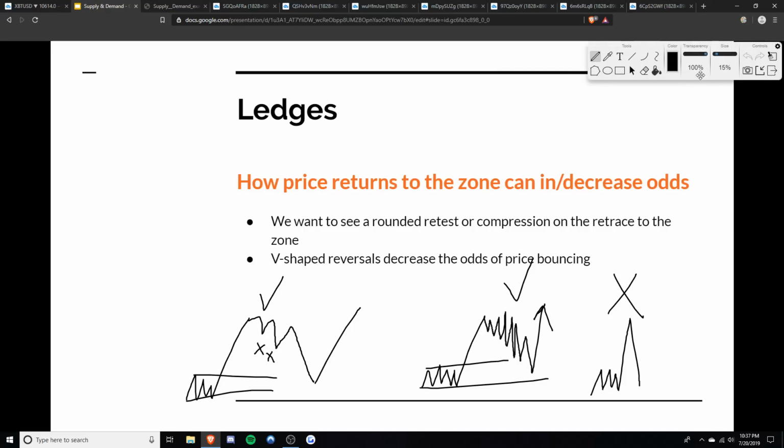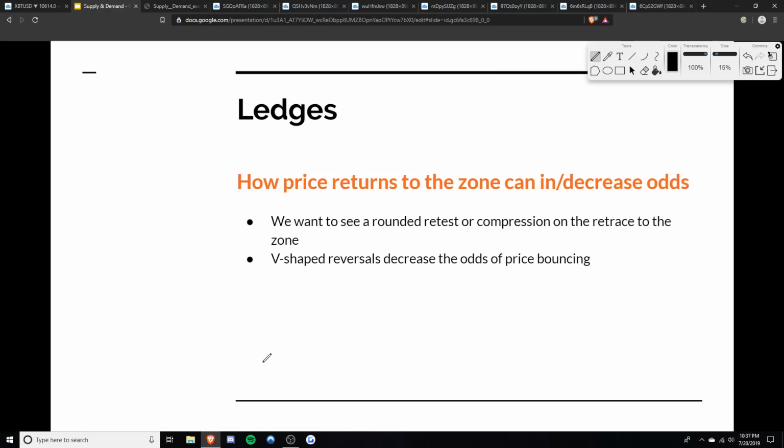It's basically like a mini zone that forms on the way to test one of your key supply demand zones. So say you have a supply zone, price drops, and as it's coming back up, it forms a demand zone, right? This would be a ledge.